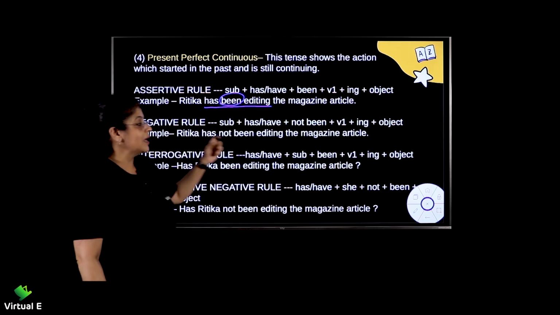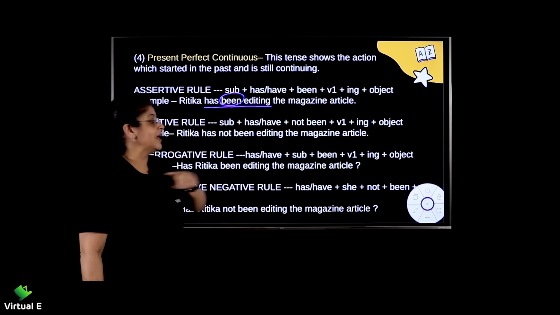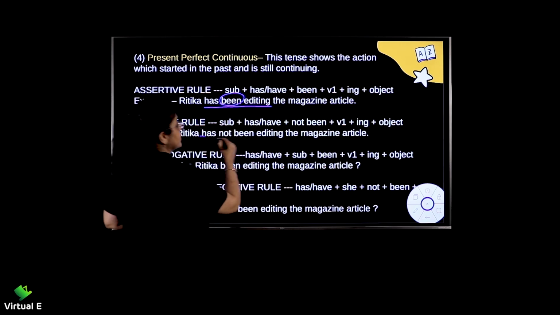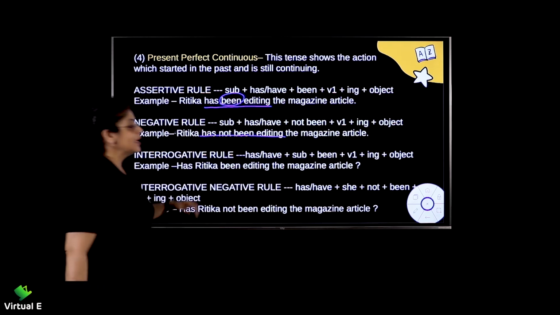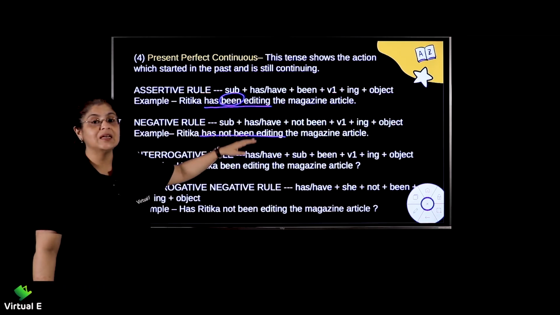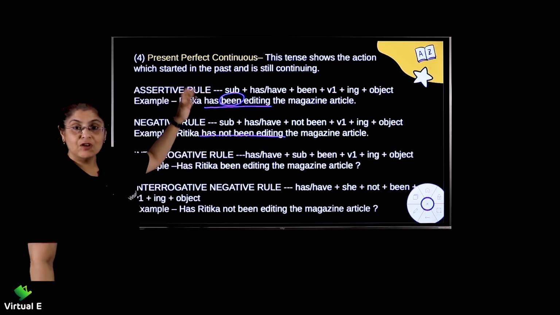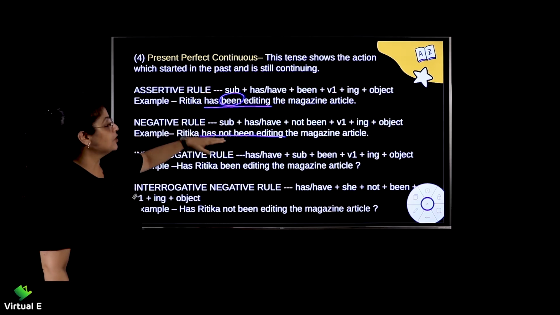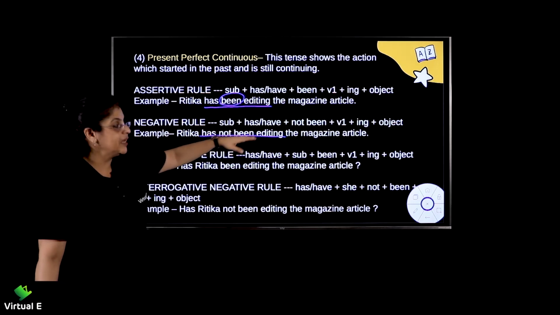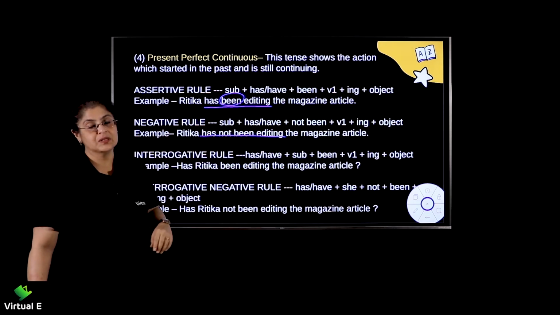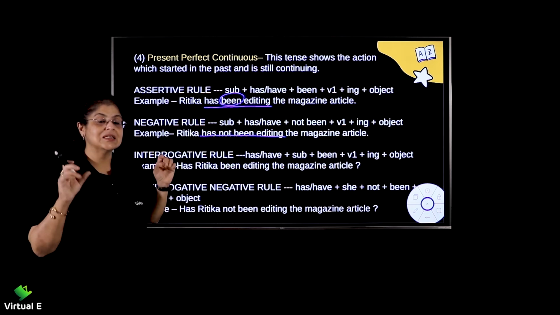Further, Ritika has not been editing the magazine article. Do you see? Has not been editing. You have has for your perfect, you have not for the negative, been editing, continuous, right? Please keep these keywords in mind.